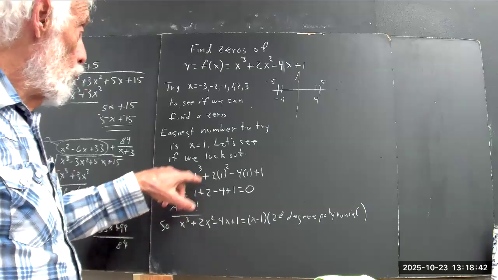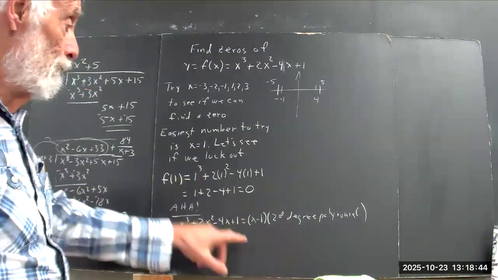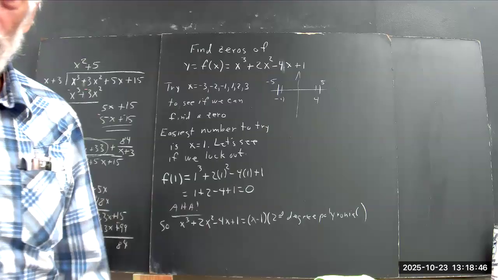If 1 is a 0, that's because x minus 1 is a factor.